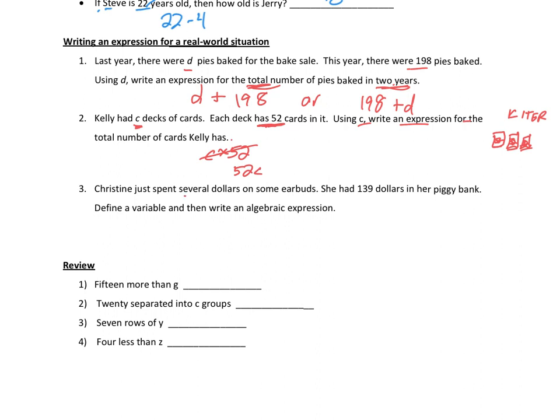Christine just spent several dollars on some earbuds. She had $139 in her piggy bank. Define a variable, then write an algebraic expression. Okay, so what do we need a variable for? We need a variable for what several dollars is. So let's do S represent... it's how much money she spent on earbuds.